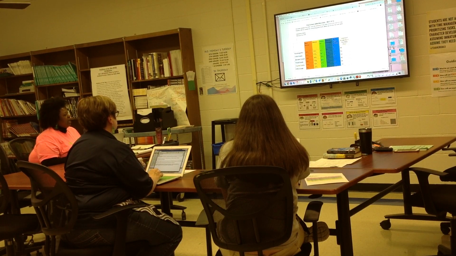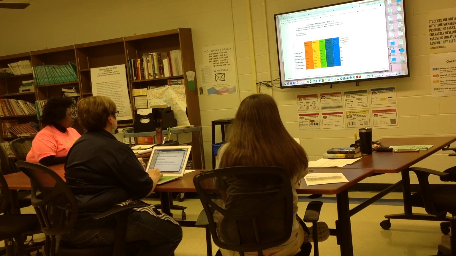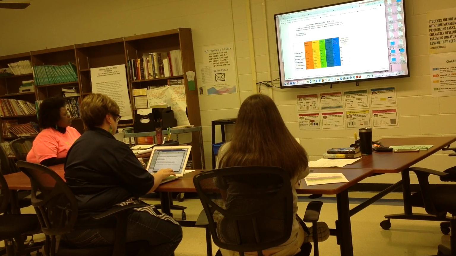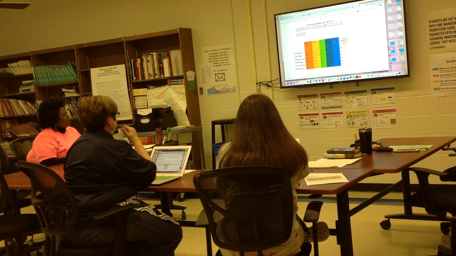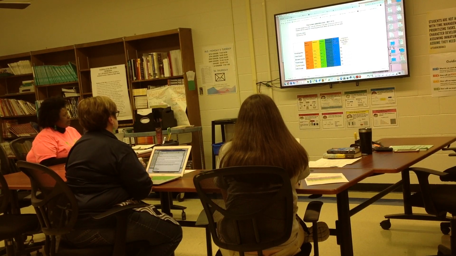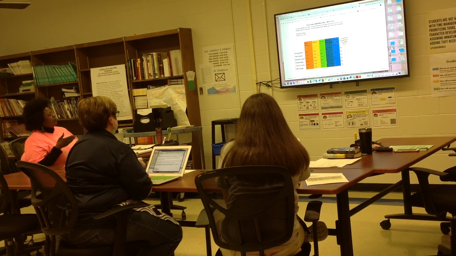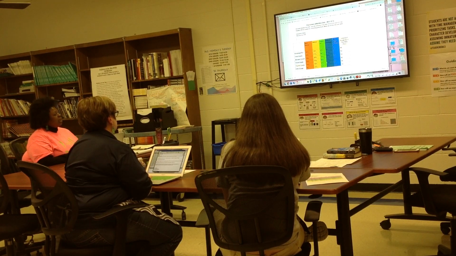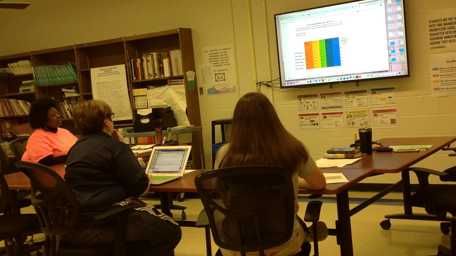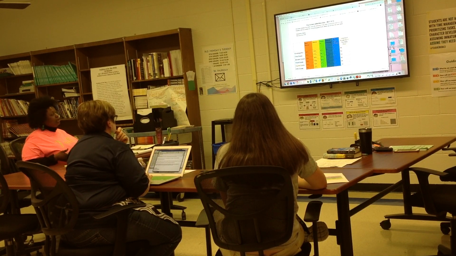Looking at the students who tested so far, in fourth grade 13% of the students were well below grade level, 19% were below grade level, 57% were average, and that's a good chunk. And if we look at all of the grades, K-5, that is a big chunk, but that's a large range too in that little green section.